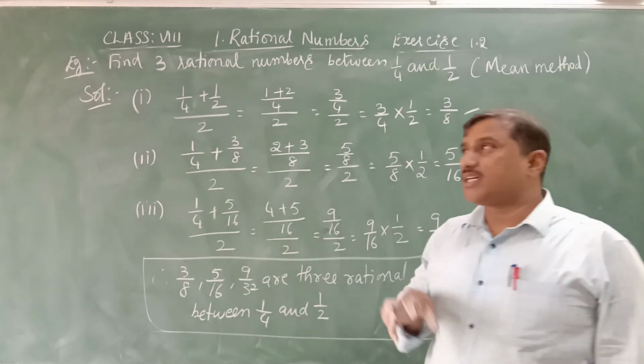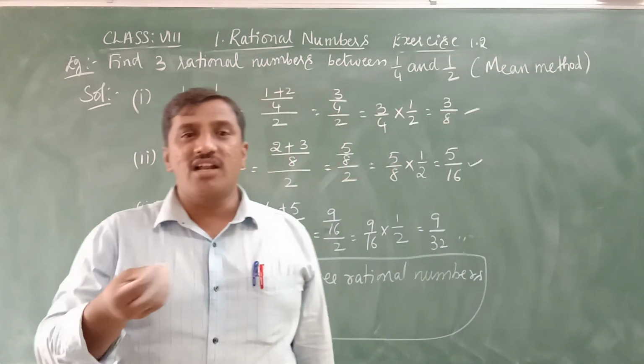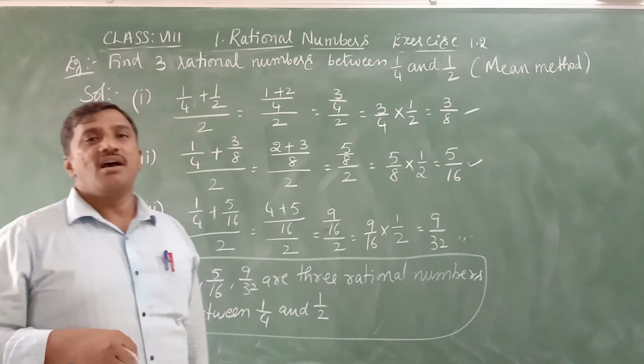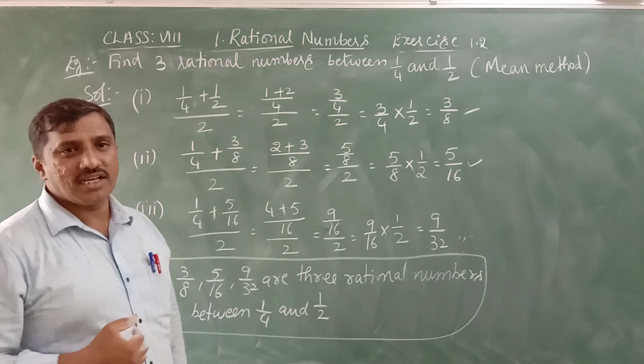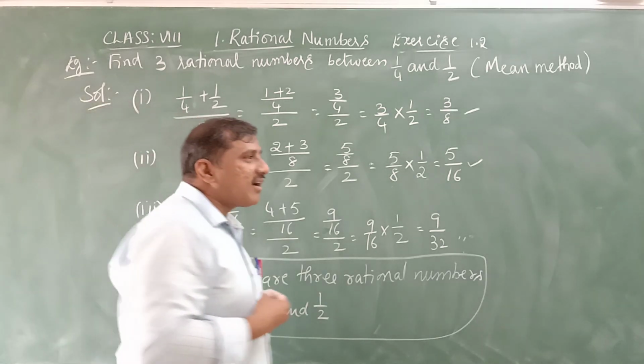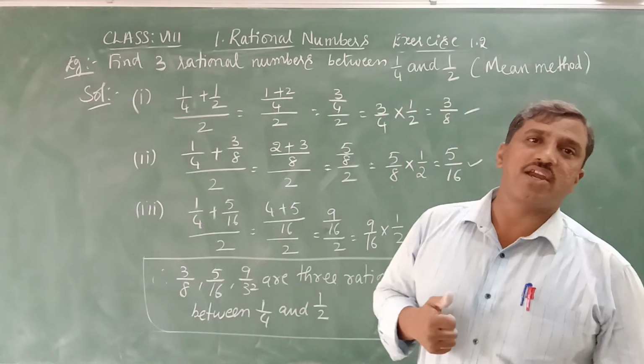We use that method to find the rational numbers, and we also use the mean method to find the rational numbers between two rational numbers. So I hope you understand the whole chapter, and thank you very much.